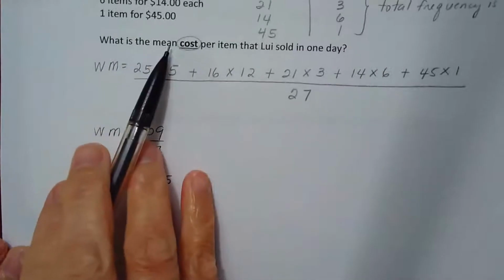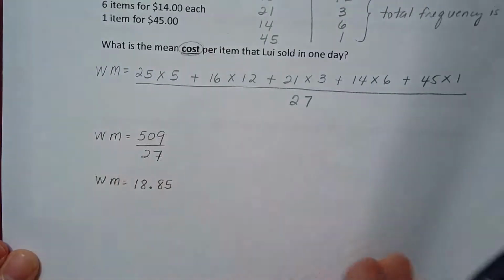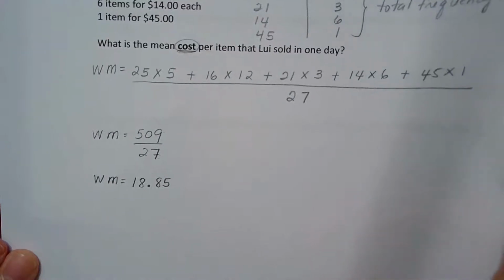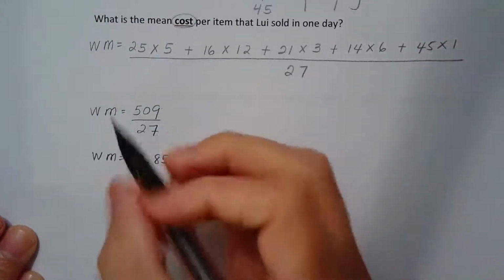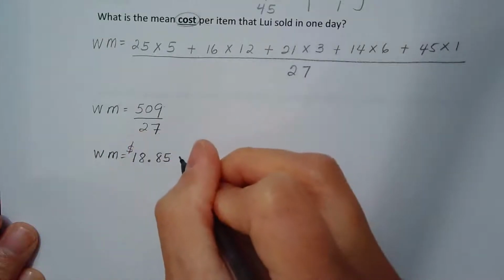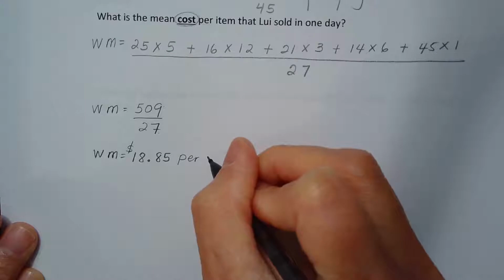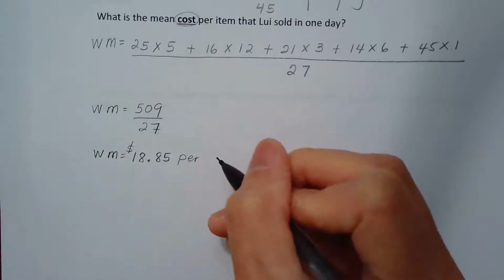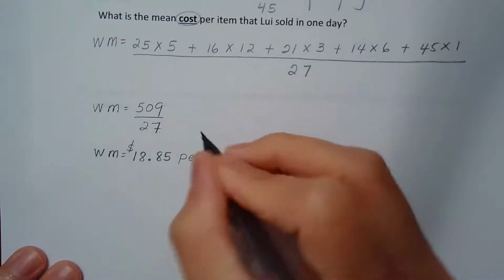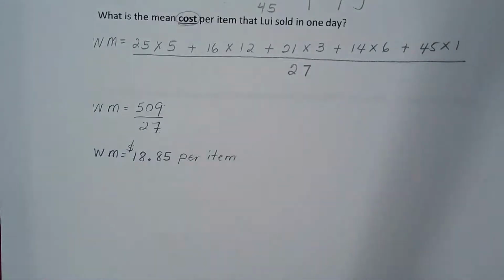What is the weighted mean cost for all of these items that were sold? So it's going to be 18.85 dollars per item.